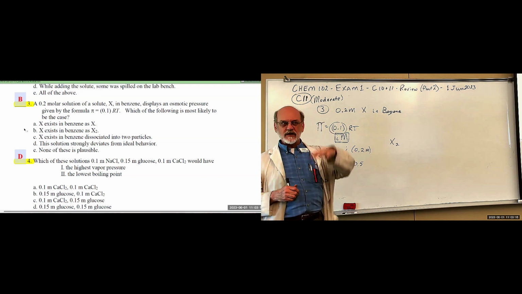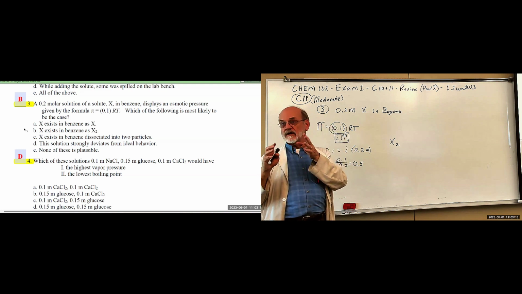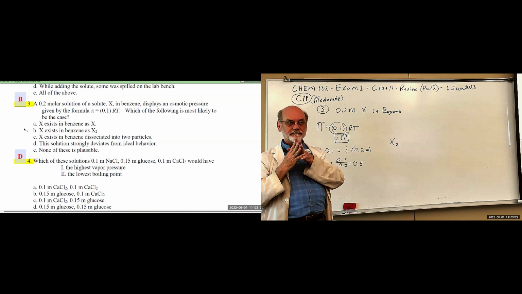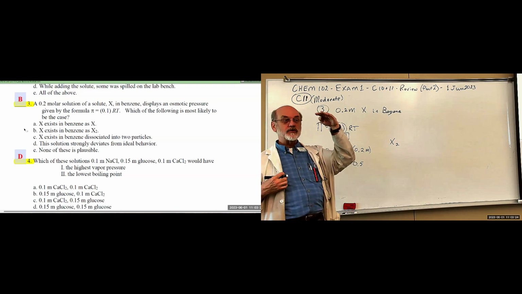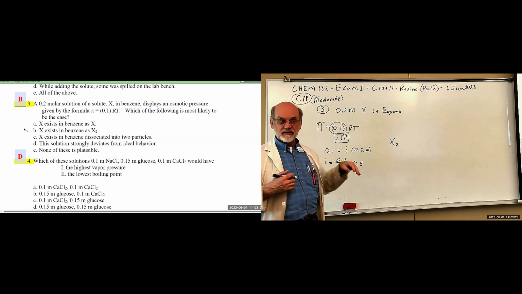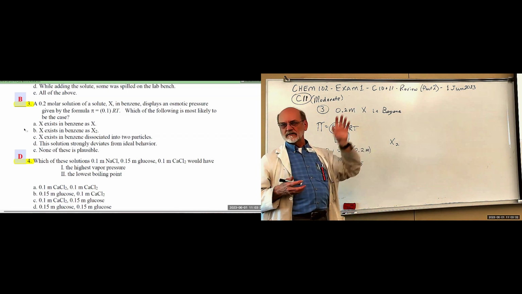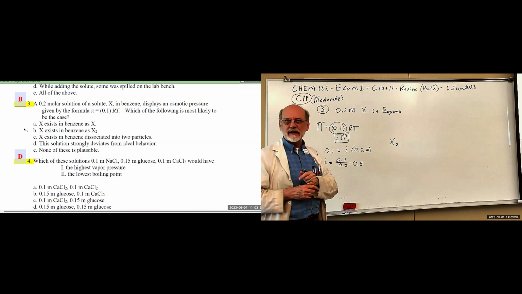But if the concentration increases, there's more probability that sodium and chloride would find each other and bond temporarily, and that would decrease your 2 to maybe 1.8 or 1.7. So that's the same type of thing that's happening here, only this is purely hypothetical.